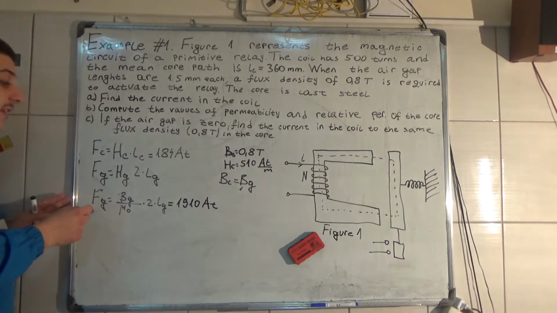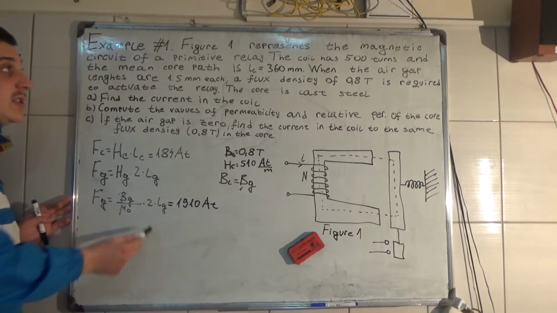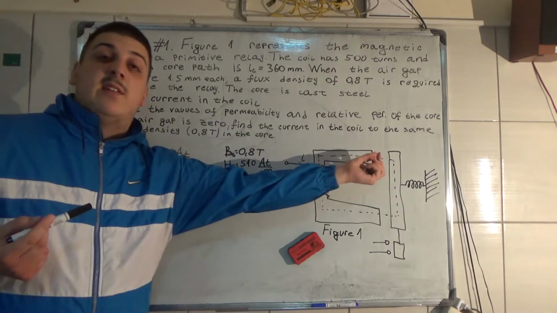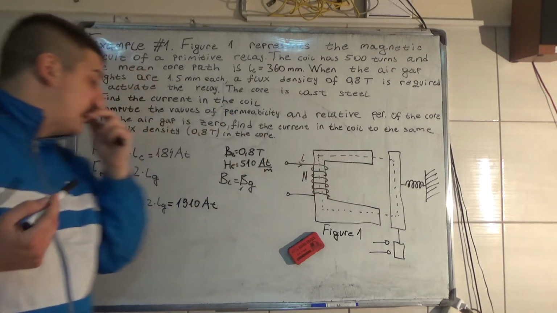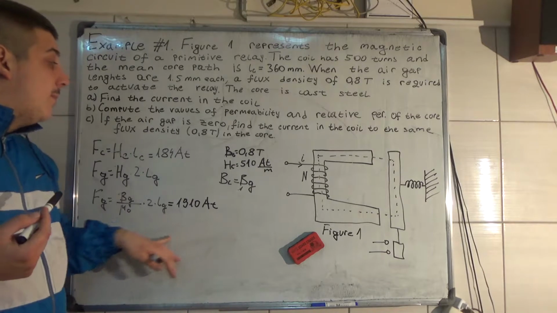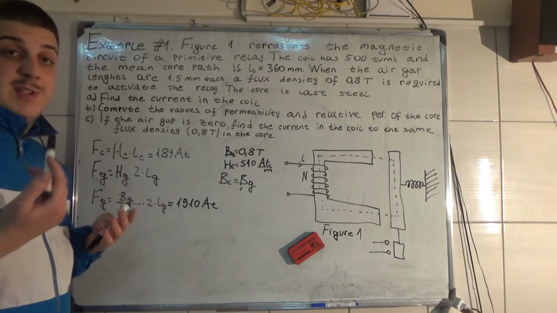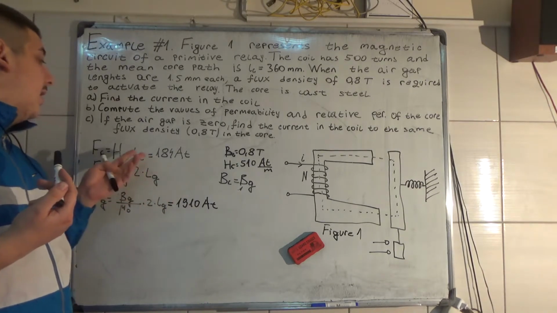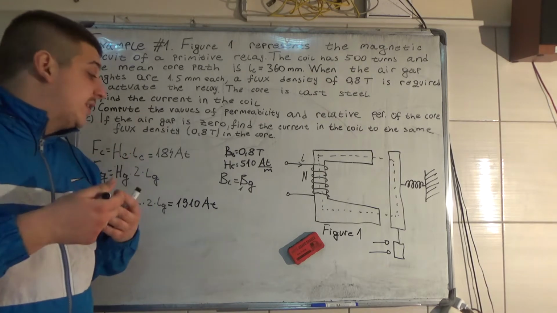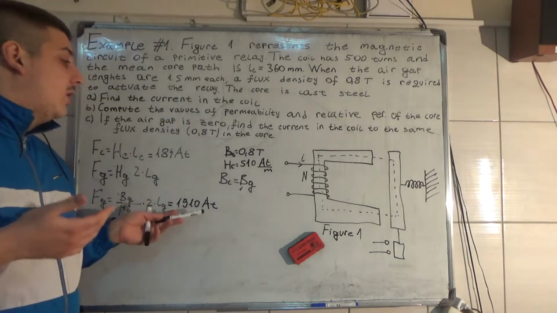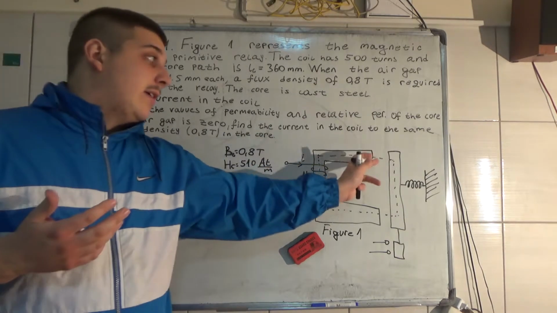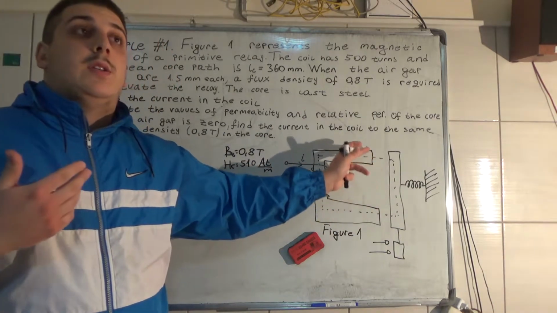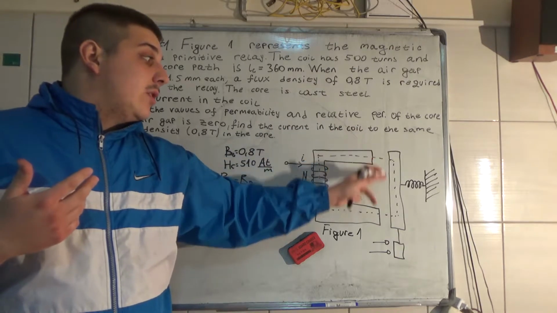But for the air gap, even though it is much thinner than the length of the core, you see that we need 10 times more magnetomotive force for magnetizing the air gap to have 0.8 Teslas here.